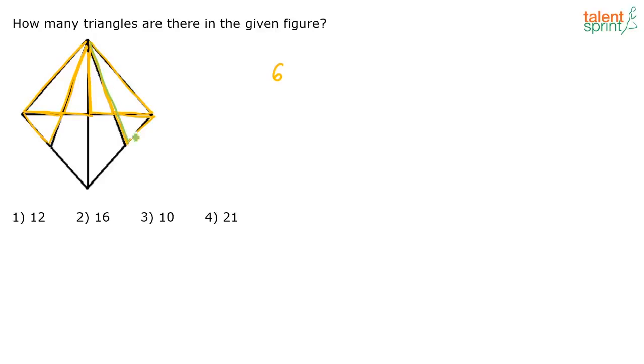So here 1, 2, 3, 4, then 5, 6, 7, 8, right? Then I have bigger triangles like this, right? 9, and bigger triangles. Let me draw with another color.